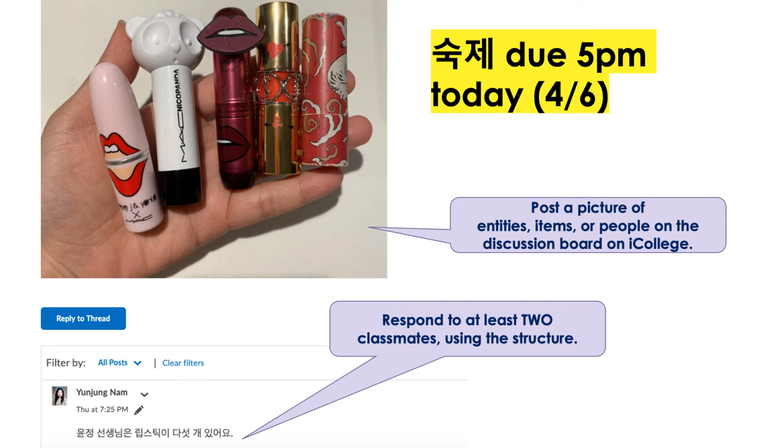And you should respond to at least 2 pictures your classmates posted using the structure we've just learned. 윤정 선생님은 lipstick, the cosmetics. 립스틱이 5개 있어요. So try to remember the structure and finish this homework by 5 p.m. today.